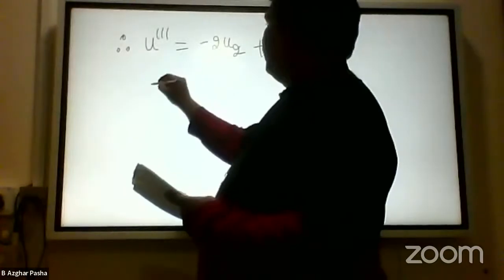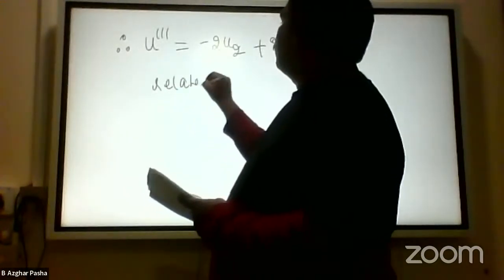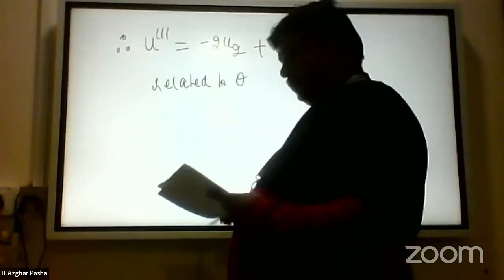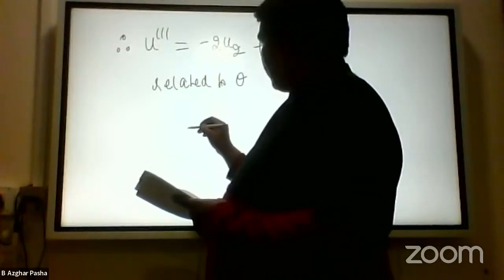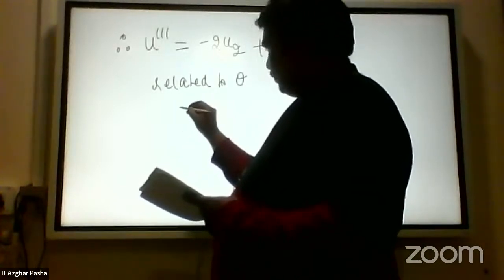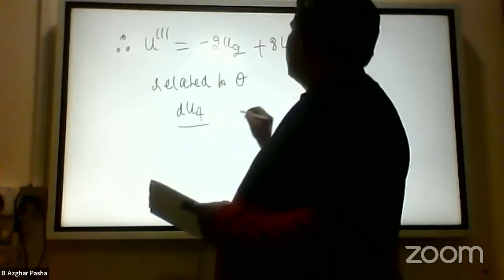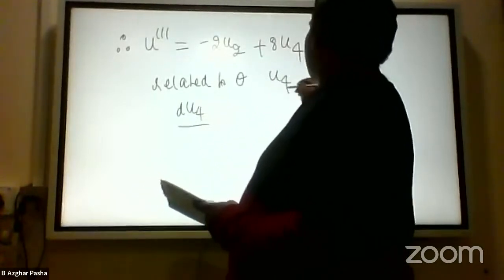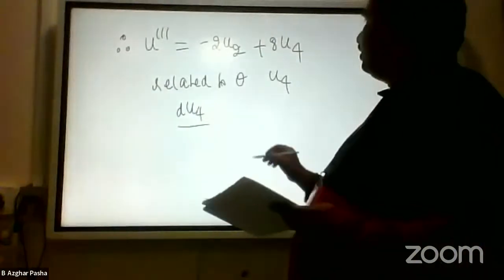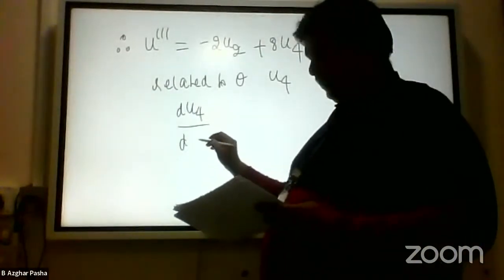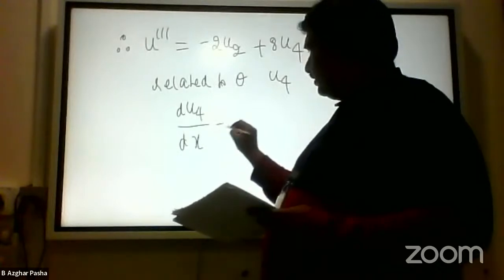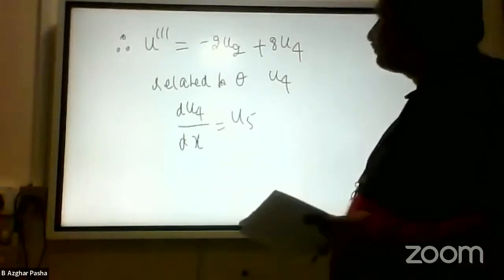So related to theta now, you have du4. The variable u4 is associated with theta, so du4 by dx is equal to u5.